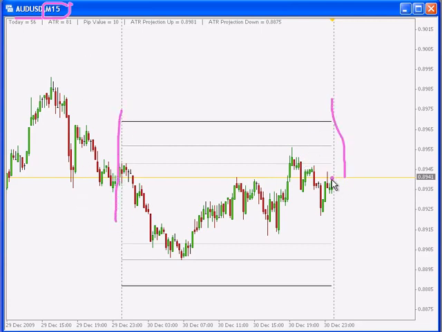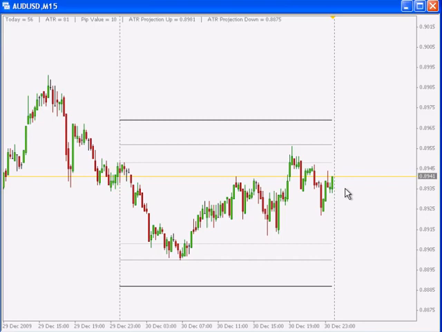End of the day. Again, going back into the average daily range, we can see how price in this particular example has already broken throughout the day the 50% bands. Please remember that the 50% bands are the inner bands.